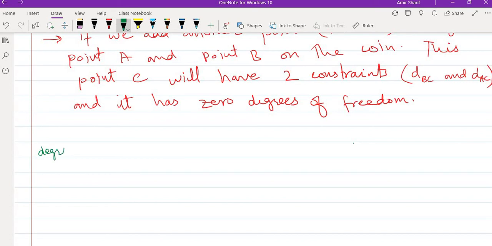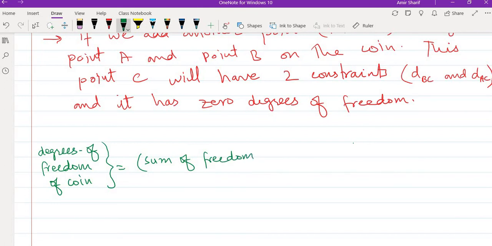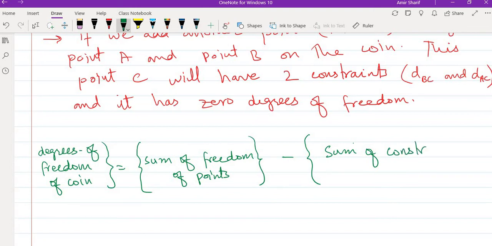So degrees of freedom of coin is equal to the sum of freedom of points minus the sum of constraints of points.